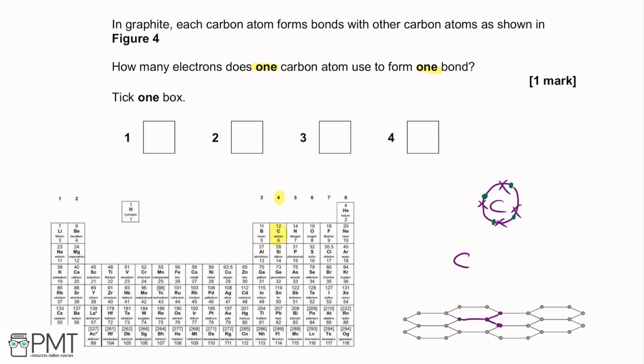When covalent bonding occurs between 2 carbon atoms, essentially they each give 1 electron. So the answer to this question is 1, because 1 carbon atom needs to give 1 electron to form 1 covalent bond.